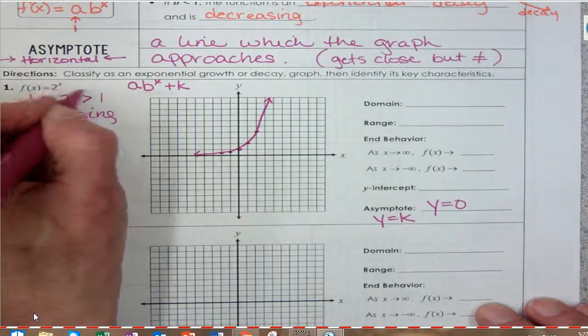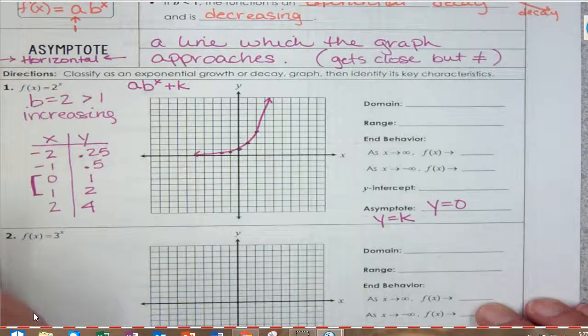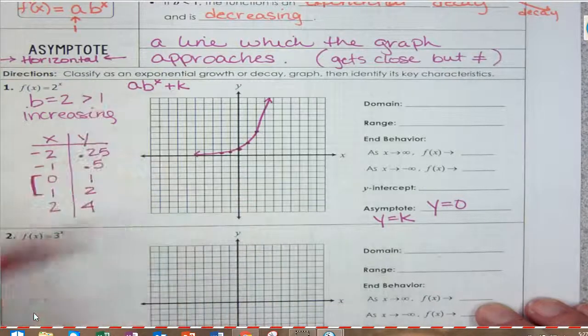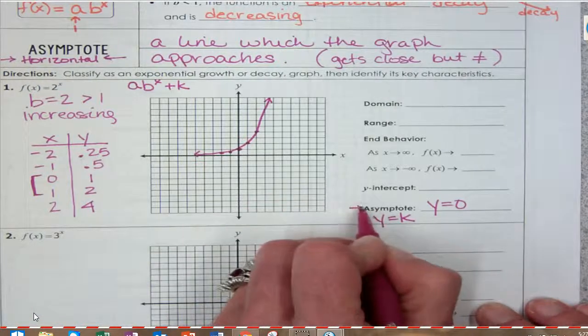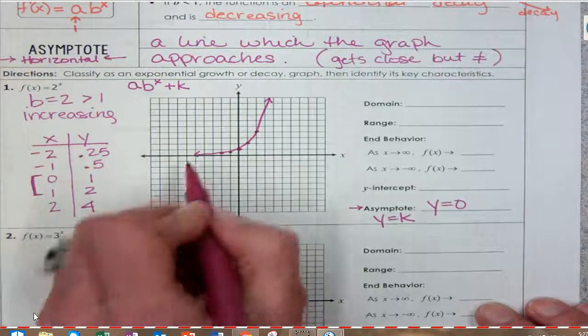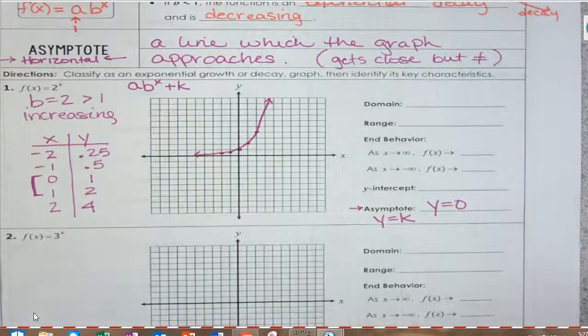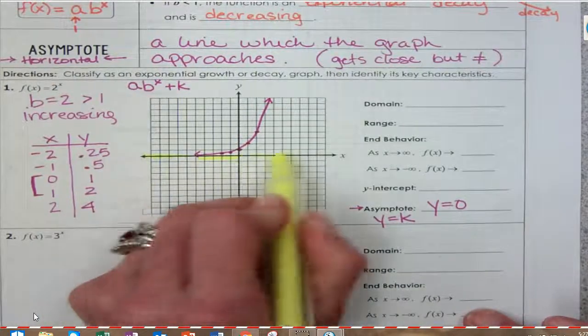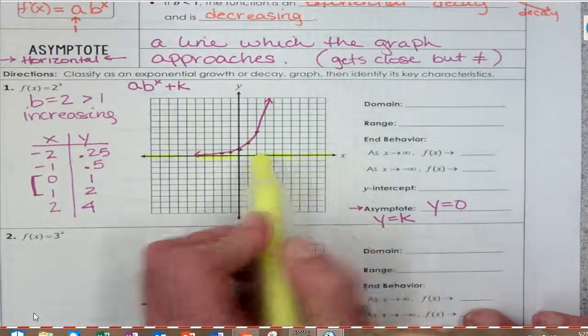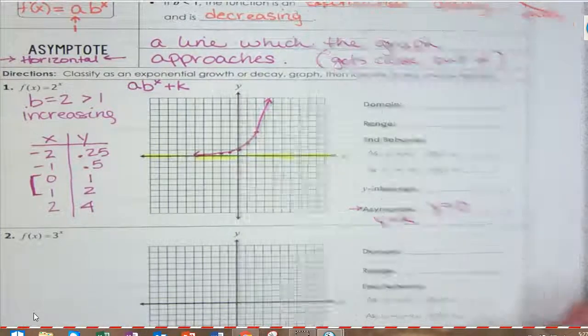If there is no number that we're adding, then your asymptote is going to be 0. In this whole section of notes, there's not going to be any k value, so you're always going to have your asymptote at 0. The reason is there's no number you can plug in that would make this value 0. So there's going to be an asymptote right here, and I'm going to show that with this. It will never, ever cross that highlighted yellow line, that asymptote at 0.